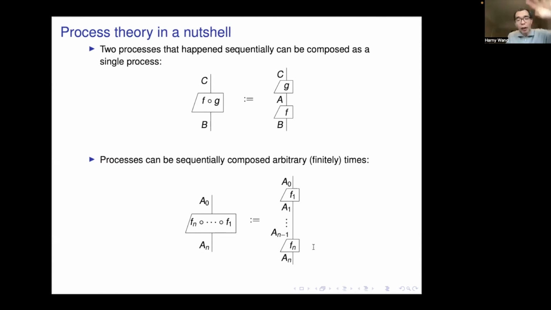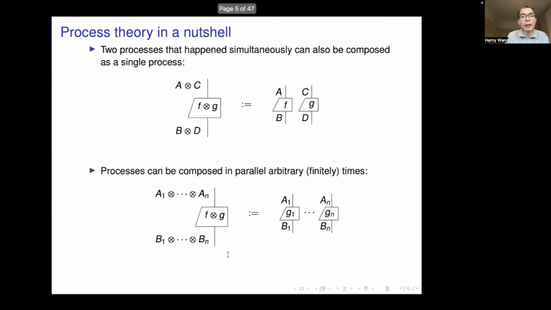You can see all these processes which happen sequentially as a whole process, which changes from A0 to An. So that's one way the processes can interact: if they happen sequentially, then you can compose them to see them as a big process.